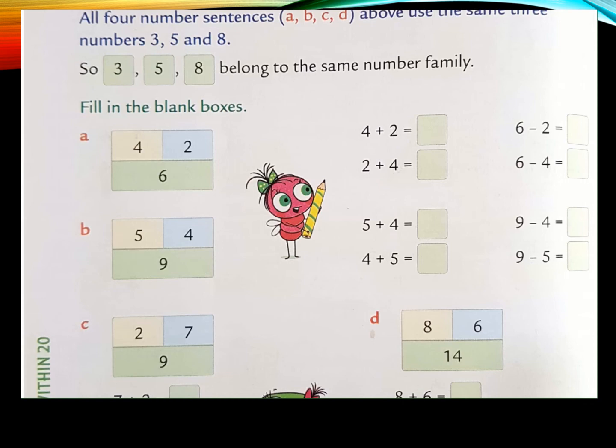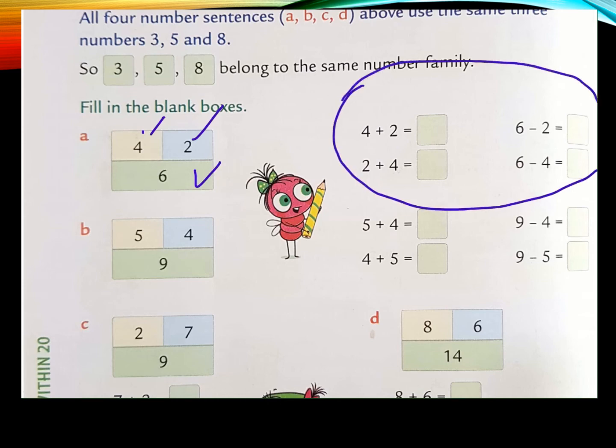So we are going to just use these numbers 4, 2 and 6 to complete this exercise. 4 and 2, what is the number we are left with? 6. 2 and 4 is 6.